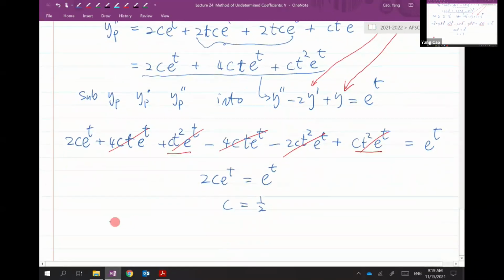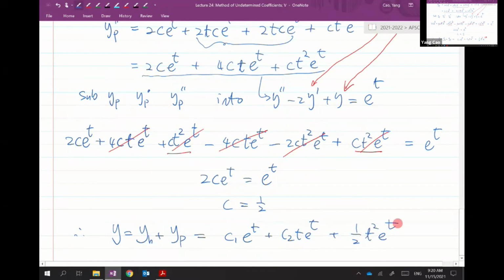So then you can summarize. Your overall solution is y equal to yh plus yp, and that's c1 e to the power t, plus c2 t e to the power t, plus 1/2 t squared e to the power t. This is the type of solution. The steps are fairly general. First step is always to obtain yh. Second step is to make a lucky guess for your yp based on f of t.